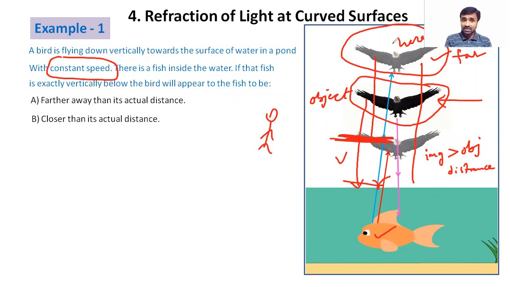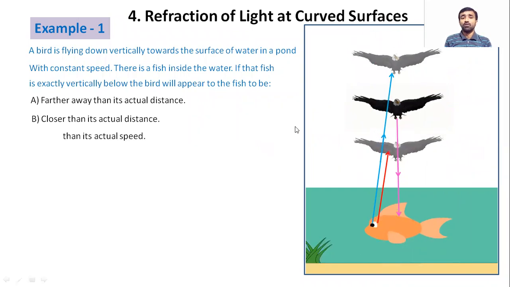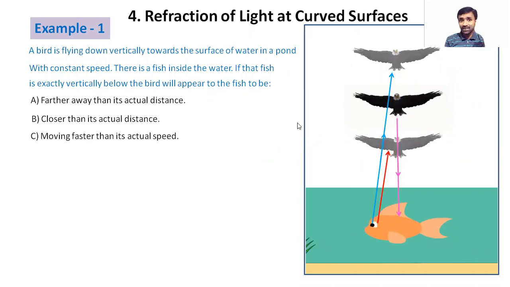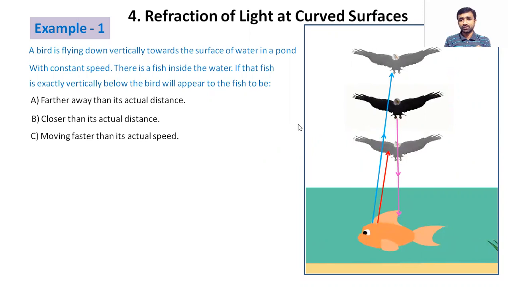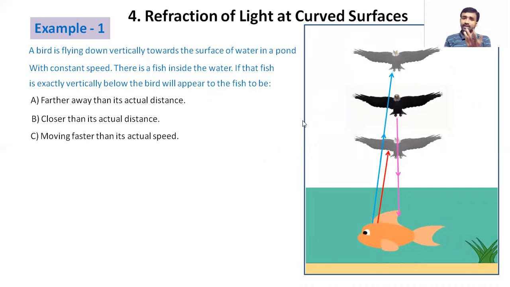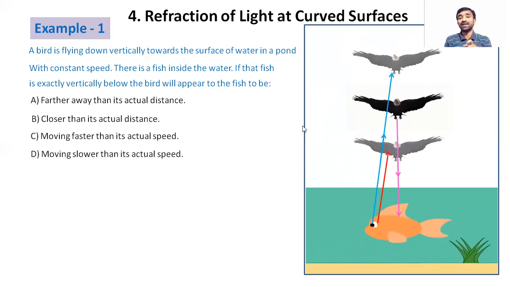If A is true, there is another possibility: it will move faster than its actual speed. If B is true, closer than its actual distance, what will be the speed of the image? It decreases. So another possibility is moving slower than its actual speed.